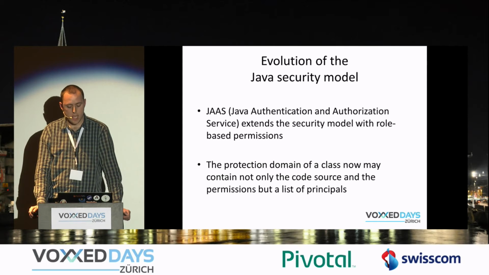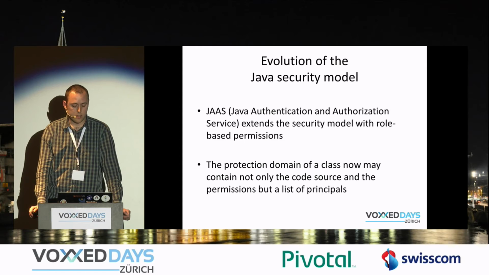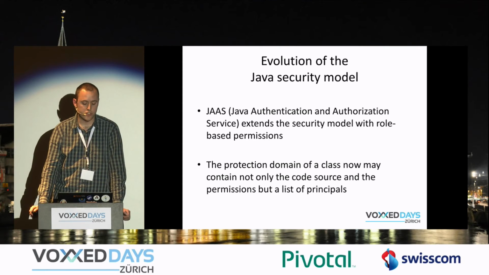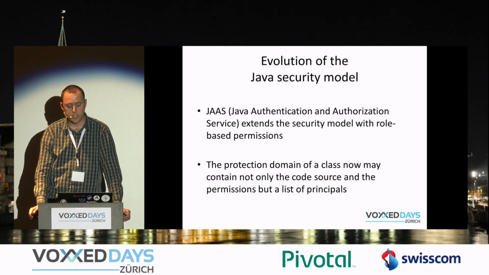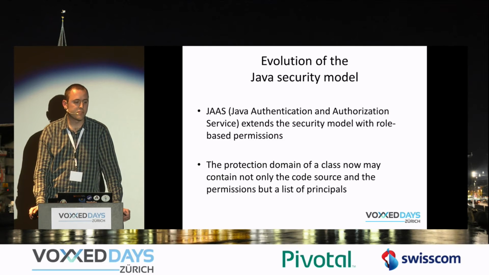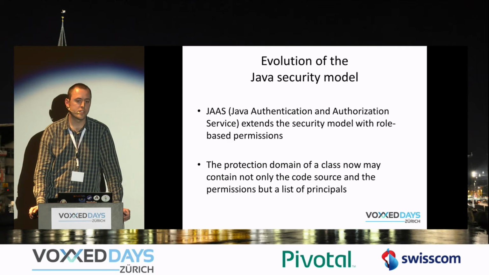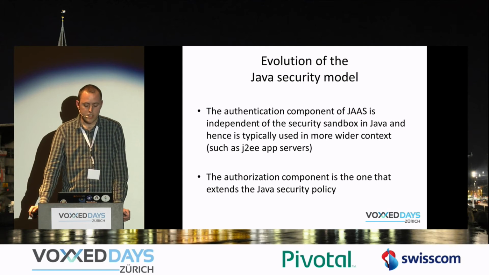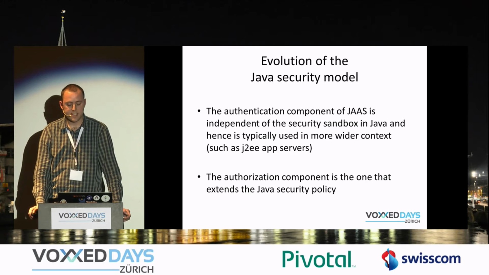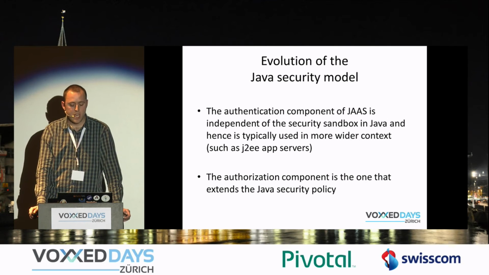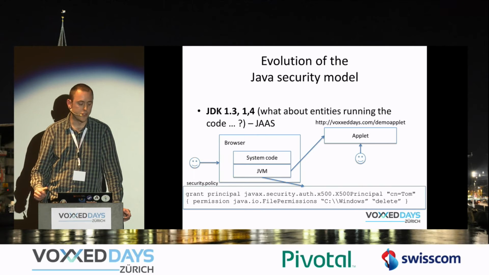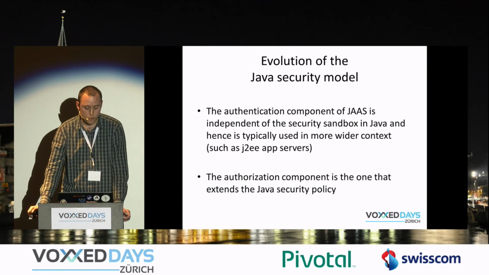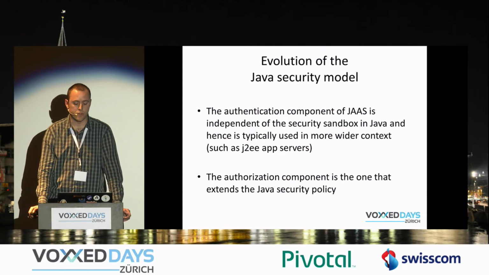The authorization part of JAAS extends the protection domain of a Java class, not only with the code location and the set of permissions, but also with a list of principals or attributes of the user running the source code. The authentication component is independent of the security sandbox model, and the authorization component is the one that extends the Java security policy file, as we saw earlier. That's up to JDK 1.4.